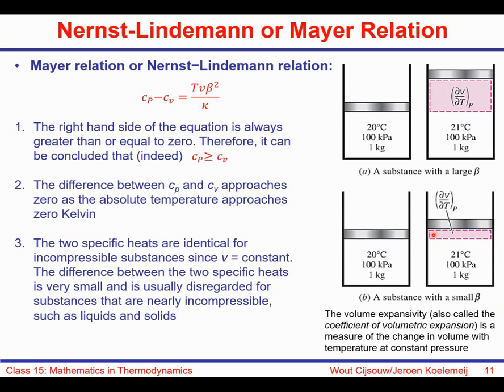And this increase in volume, this partial derivative here, is of course linked to beta, but it's not exactly the same thing. What is shown here is the so-called volume expansivity, or also called the coefficient of volumetric expansion.